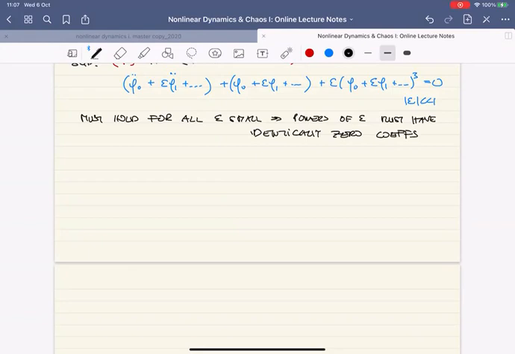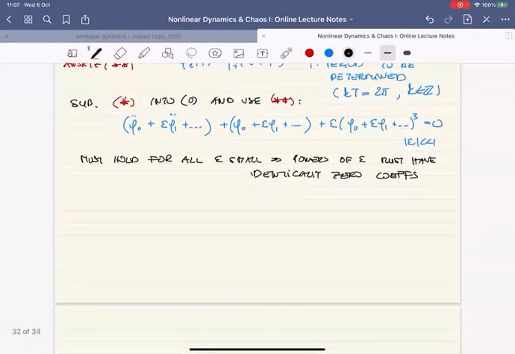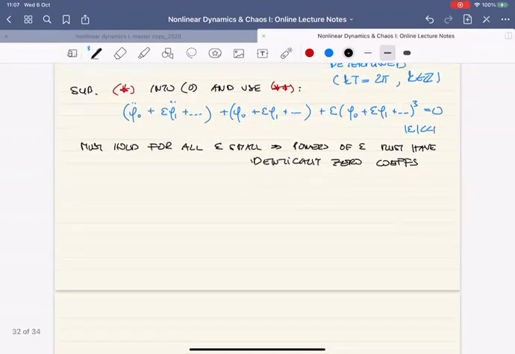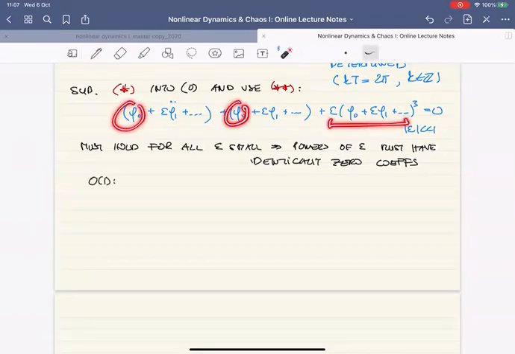If you've done this before, I'm sure you have, then people would say, well, let's compare powers of epsilon. The only reason I'm spending so much time on it is to look at why that is justified, because we like to be as precise as possible. So what are the 0th order powers of epsilon, or the order 1 terms in epsilon? There's one here, there's one there, and everything else is order epsilon.